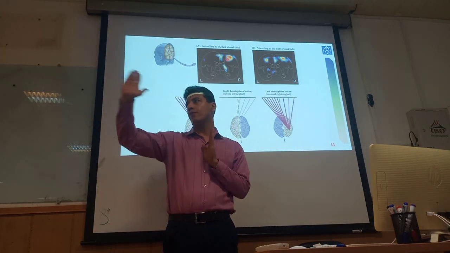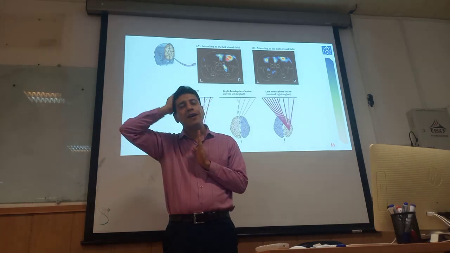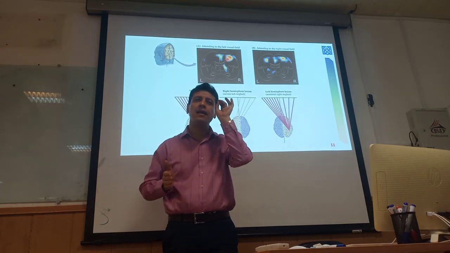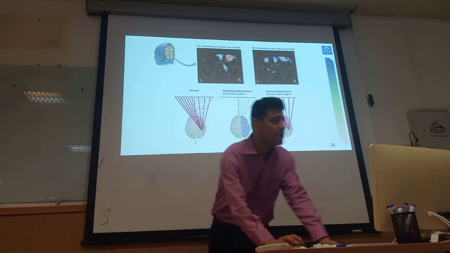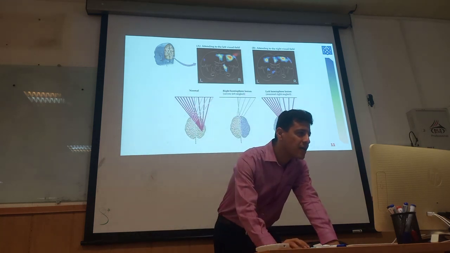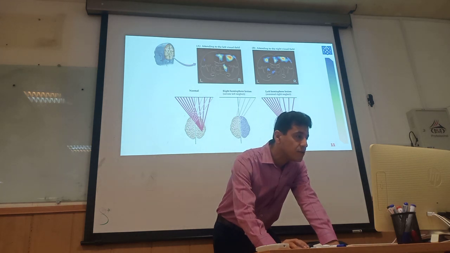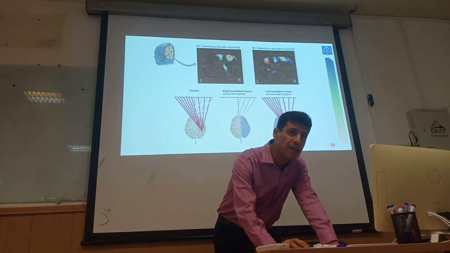When I want to attend to the right side, again, the right side of the brain is activated, and the left side is activated only a little. Okay, so you can see that. The right side is activated both when you attend to the left and to the right. But the left side is only activated a little when you attend to the right.